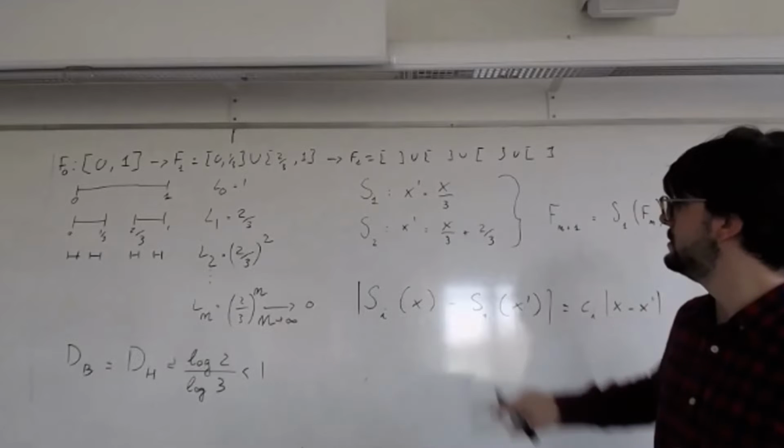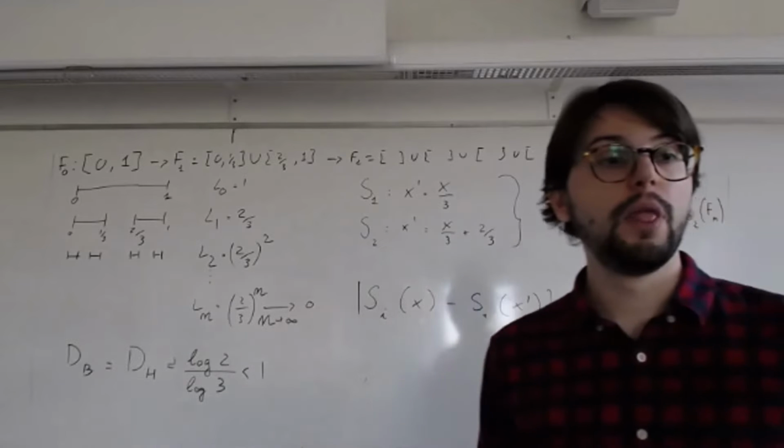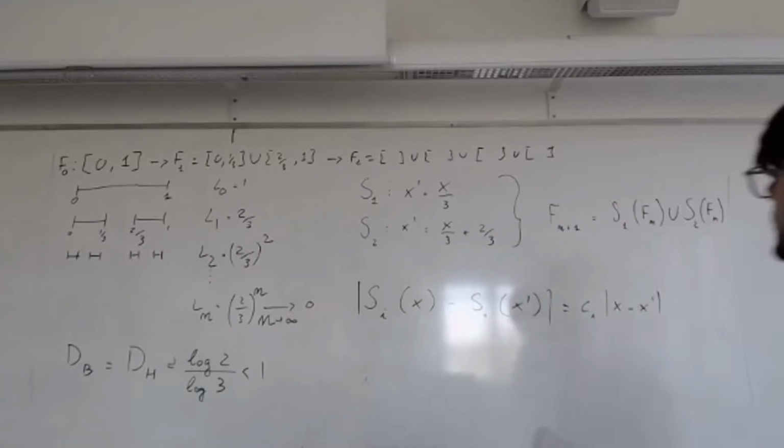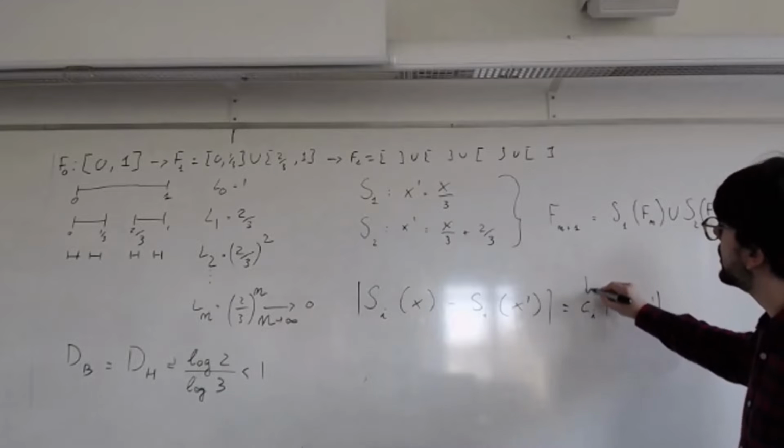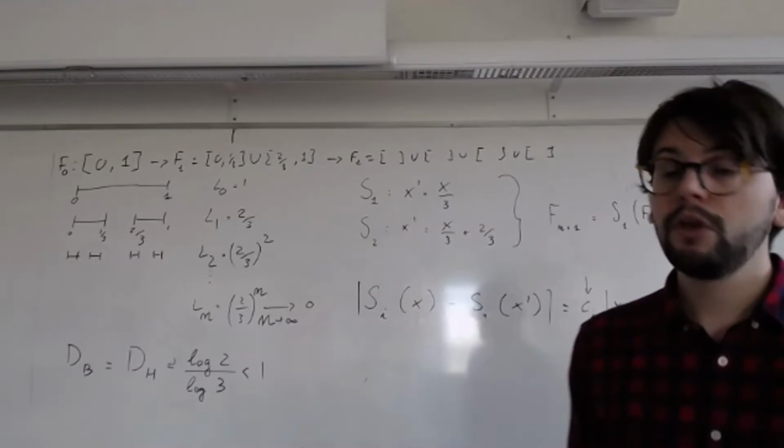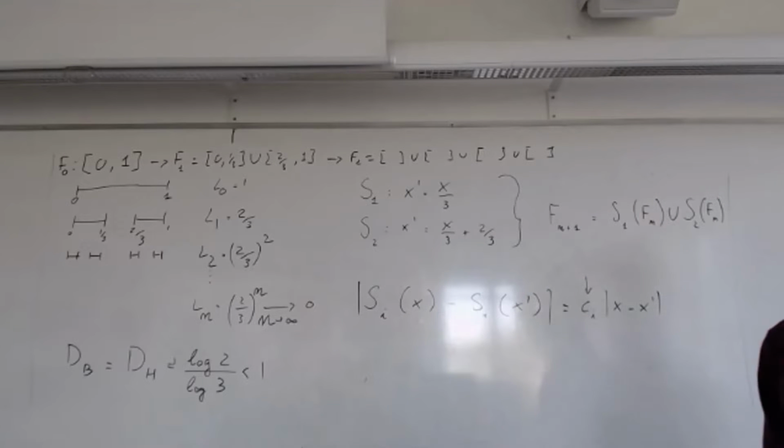So if you wish, you can put a +1 there. So if you do it like this, then you have this parameter C_i, which gives you the contraction.